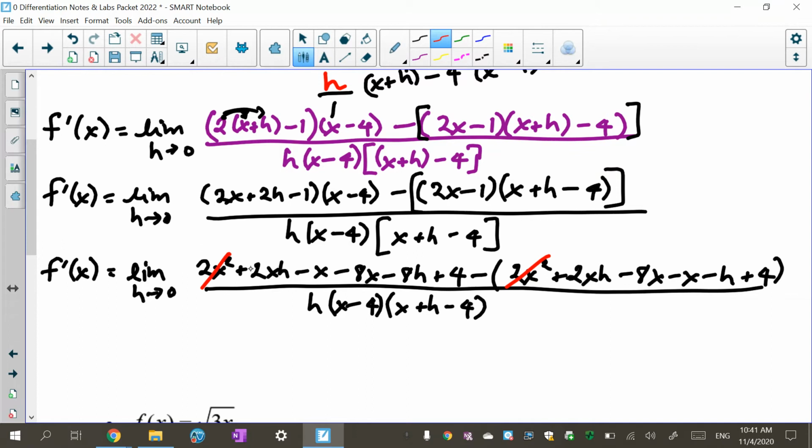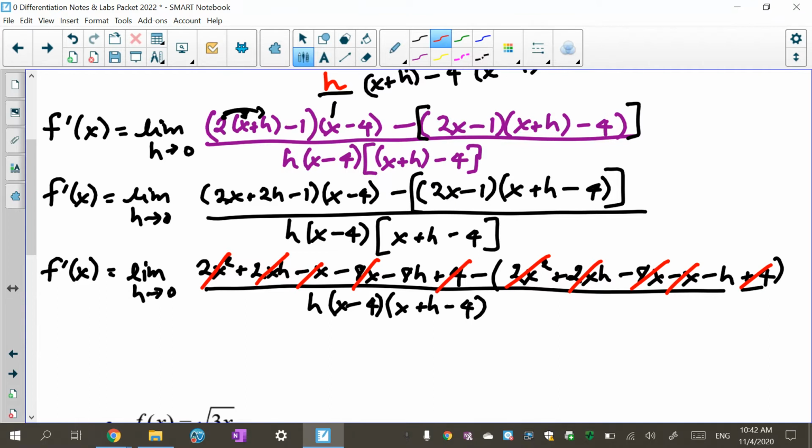Okay, I have a 2xh here, and this is now minus. So remember, everything here has opposite signs. So I can say thanks for playing. I have a minus x and a minus 8x. I have a minus, and so these two are going to cancel because that turns plus, this turns plus. Those cancel out. And then the 4 minus 4, that cancels out. So I'm going to get rid of that.